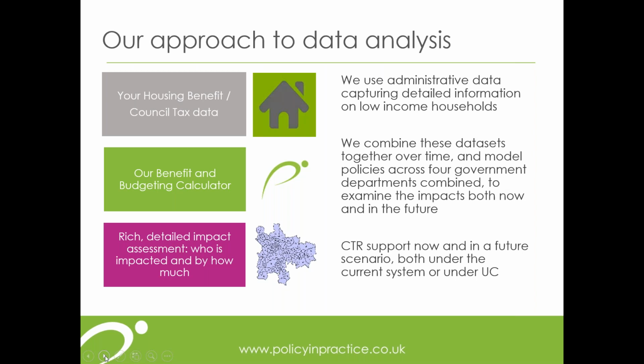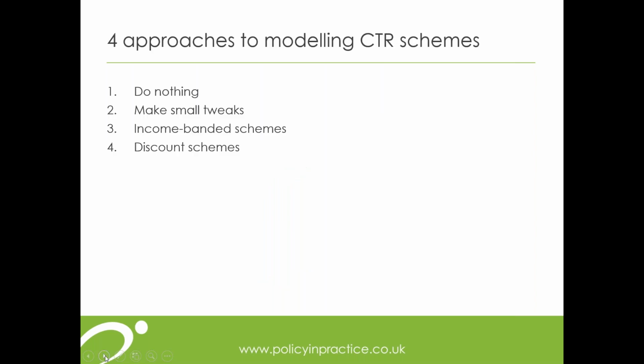And then from that, we provide a very detailed impact assessment of CTR support now and in the future under various scenarios, both for those in receipt of universal credit moving forward and those who will be remaining on the legacy system. So if we can go to our next slide, Janet.